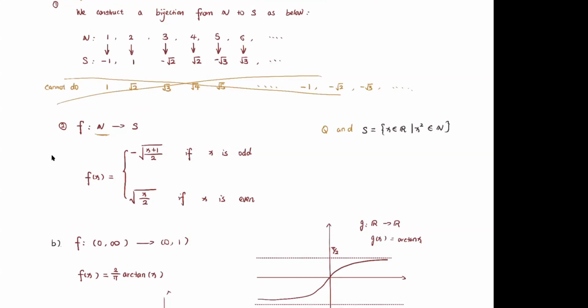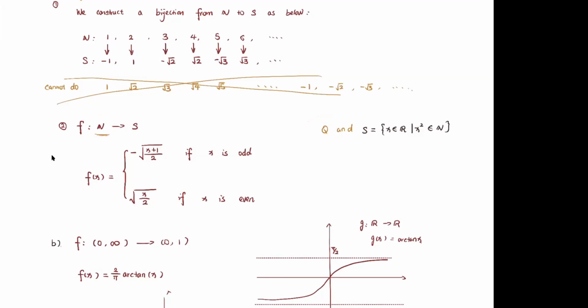Then the bijection you have might be really complicated. It's not easy to come up with a bijection directly between those two. So what you can do is use the fact that this is countable, it has the same cardinality as the natural numbers.